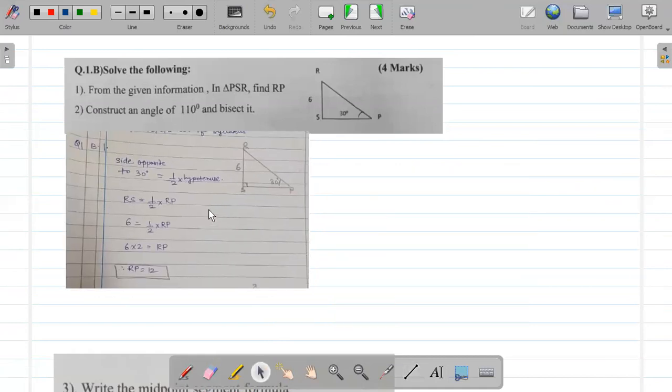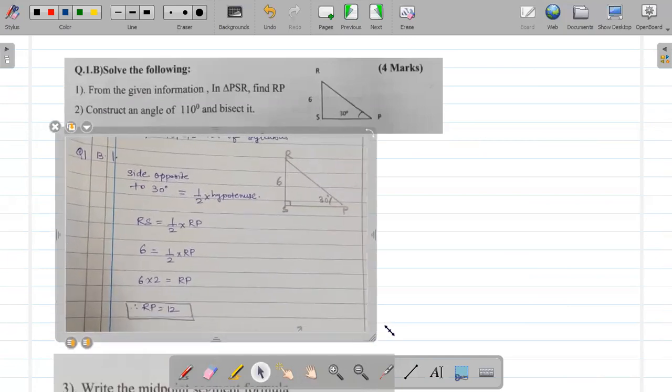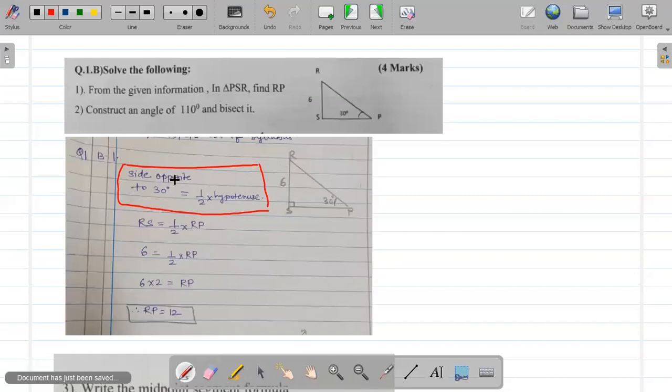Let me quickly zoom in and explain it to you. So just check, this is the rule. Opposite side to 30 degrees in a 30-60-90 triangle is half of the hypotenuse. So just substituting the values here, opposite to 30 degrees is the side RS and the hypotenuse is RP.